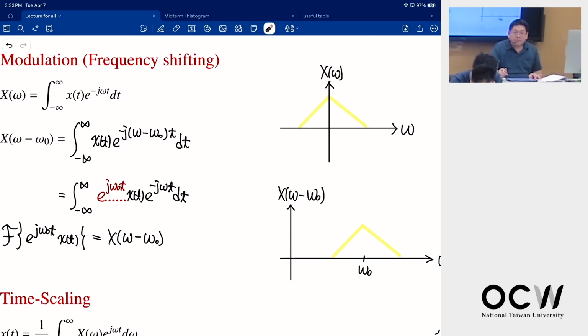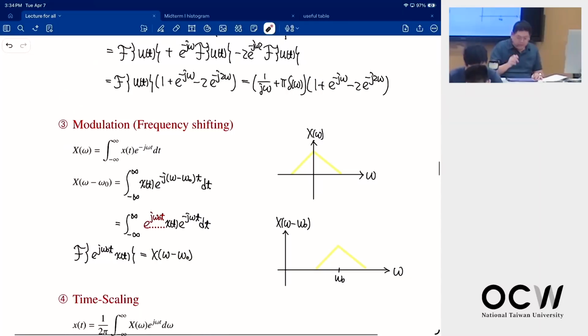We can multiply by something, and then we can analyze it, because when I multiply, I shift in frequency domain. So I can extract my main signal and do something. Later on, I multiply by the cosine or sine again, and it will go back to the baseband. Then you can get or beautify your signal. Okay? So this is very important.